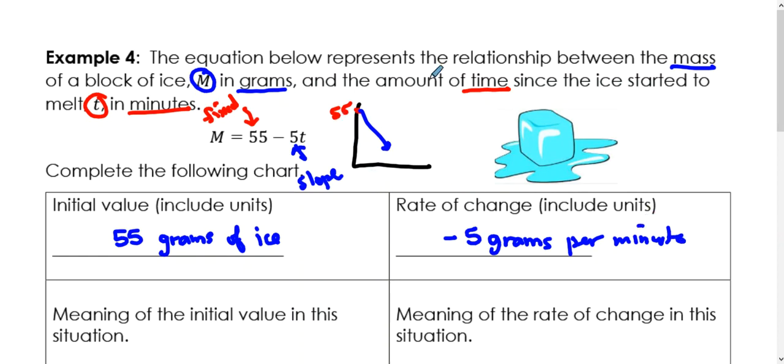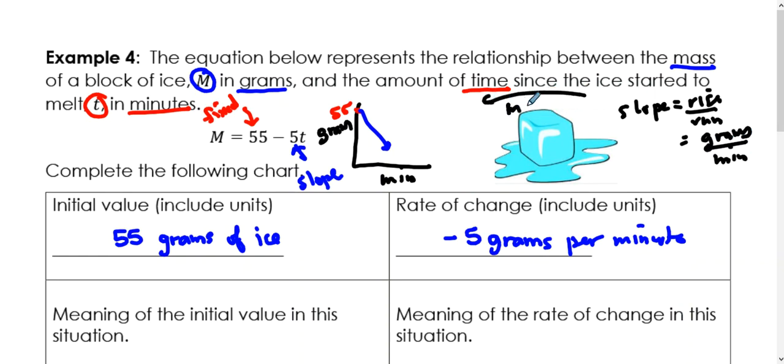And the reason why I know that is because if I drew a graph, this is what it would look like. And my slope is rise over run. Well, I know my slope is grams and minutes. So it has to match the graph.